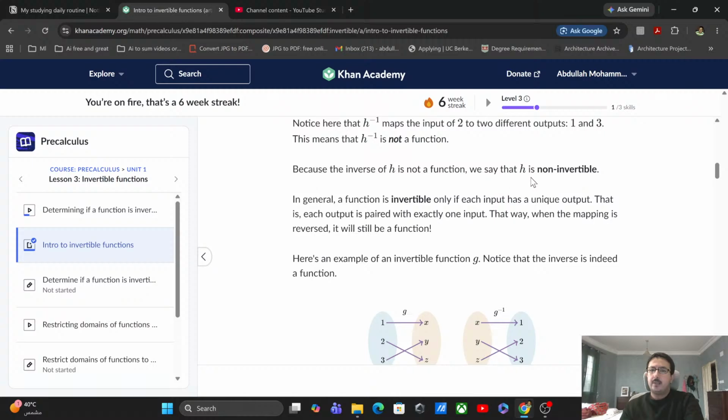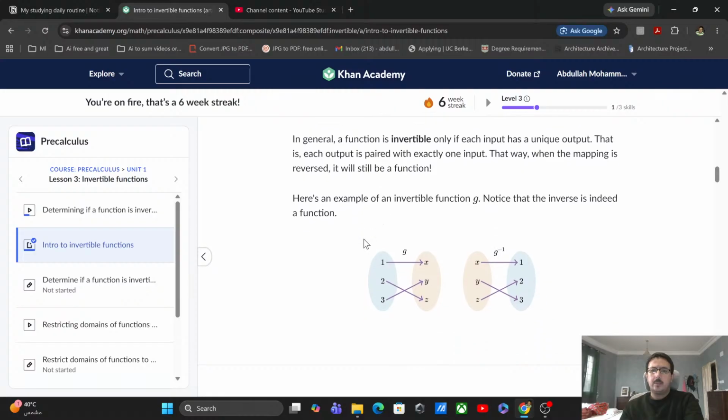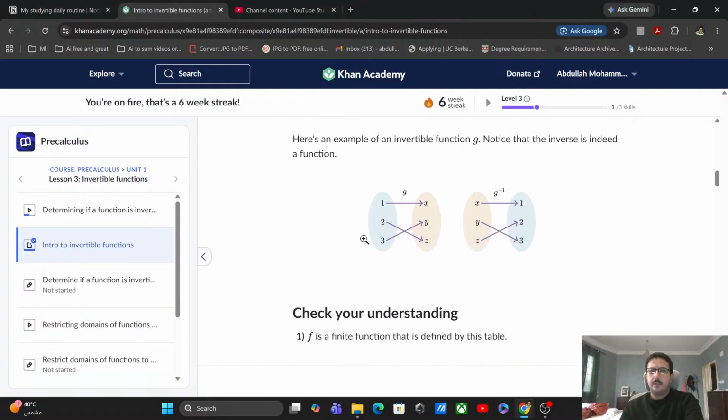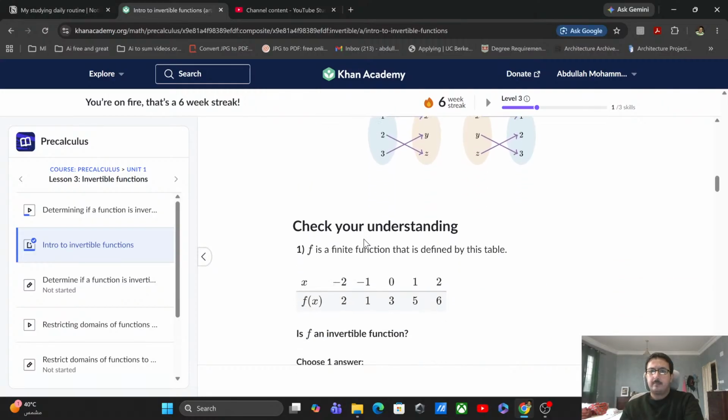A function is invertible only if each output is paired with exactly 1 input. That way, when the mapping is reversed, it will still be a function. Here is an example.